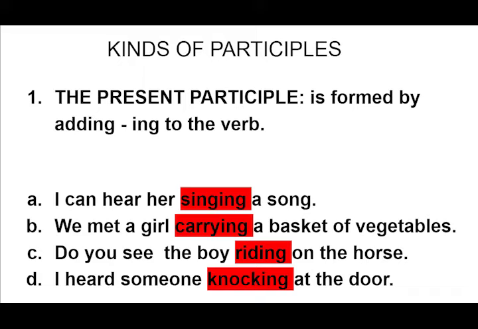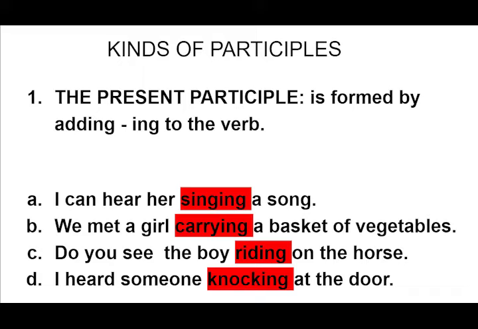Now in this sentence, ing is added to the verb sing. So singing is the present participle. Now look at the second sentence. We met a girl carrying a basket of vegetables. Here, ing is added to the verb carry.